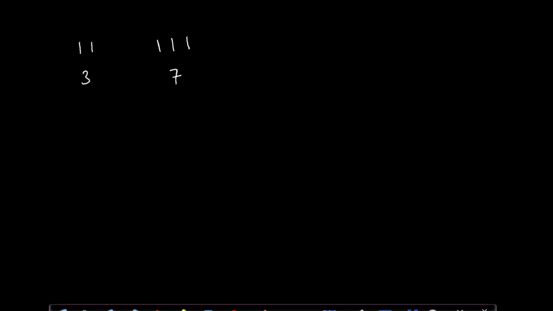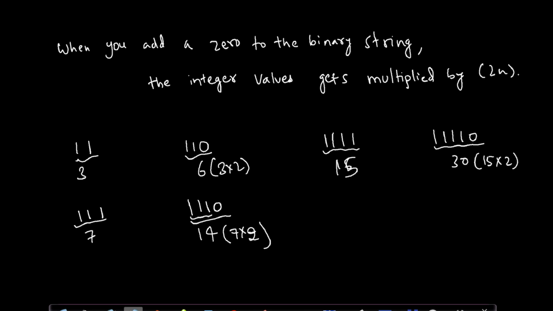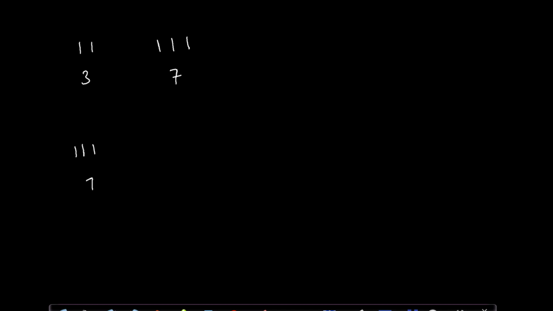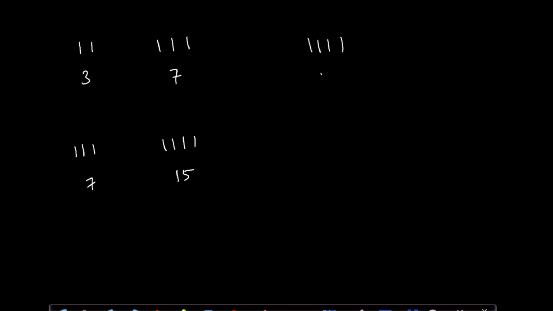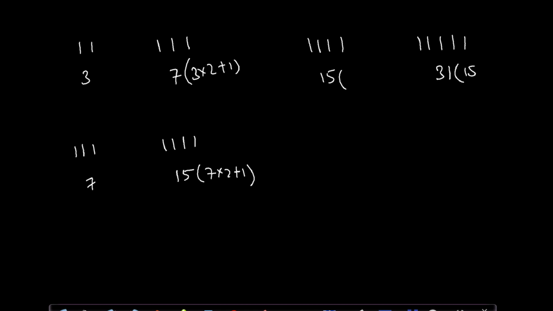Now this is 7. 111 was 7, if I add one more 1, then this becomes 15. 1111 was 15, if I add one more 1, then this becomes 31. So this is 3 into 2 plus 1. This is 7 into 2 plus 1. This is 15 into 2 plus 1. Right?